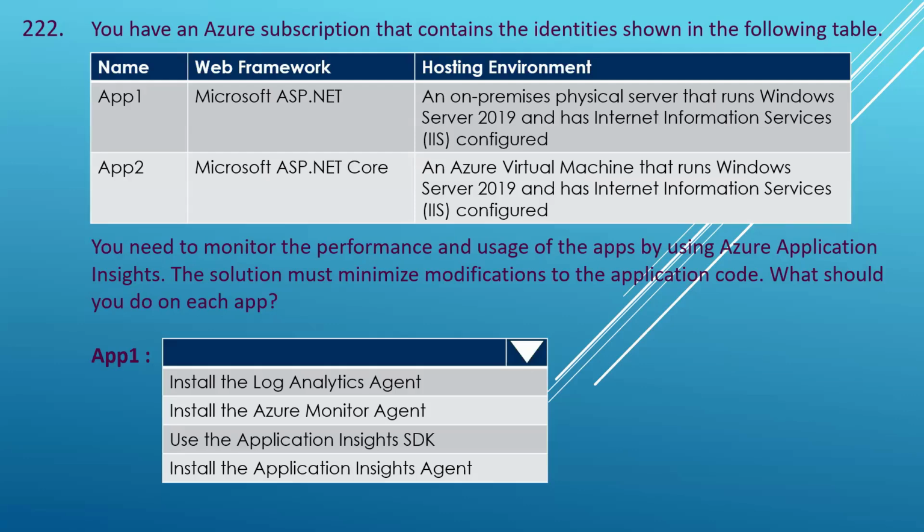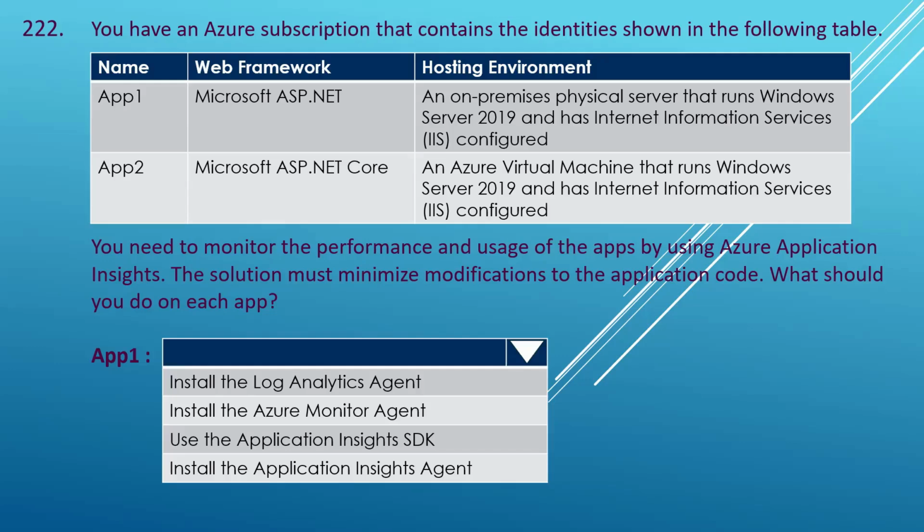And when it comes to hosting environment, App 1 is hosted on an on-premises physical server that runs Windows Server 2019 and has IIS configured, whereas App 2 is hosted on an Azure virtual machine that runs Windows Server 2019 and has IIS configured. You need to monitor the performance and usage of the apps by using Azure Application Insights.